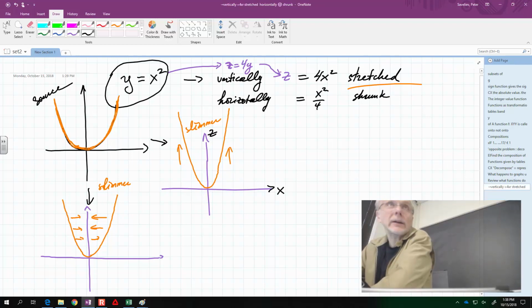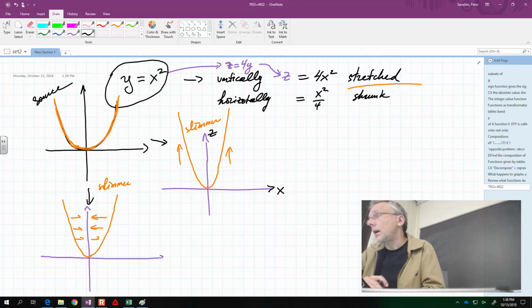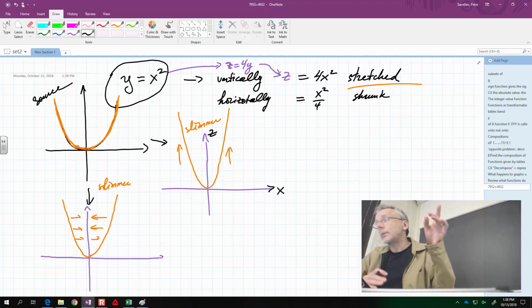For one, it would be a parabola. X squared divided by 4 will be a parabola. So in that sense, that is a step in the right direction. Because you divide by 4, you expect a shrinking of the graph. The problem is x squared divided by 4.